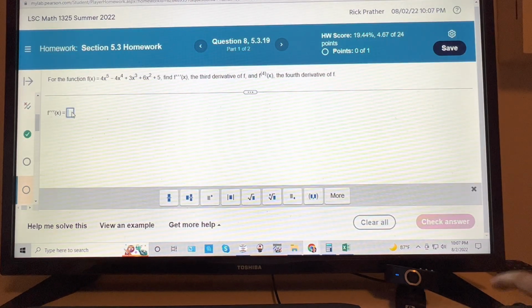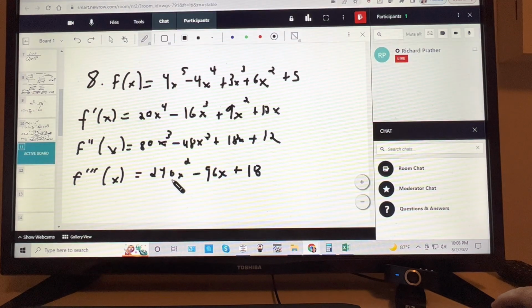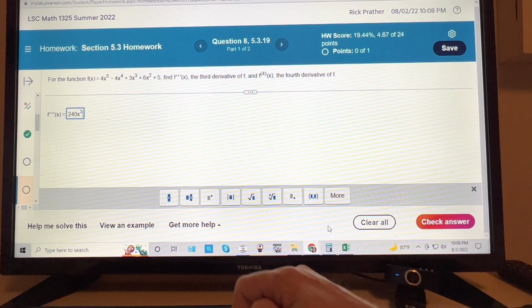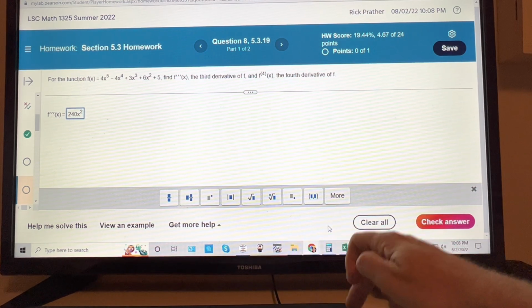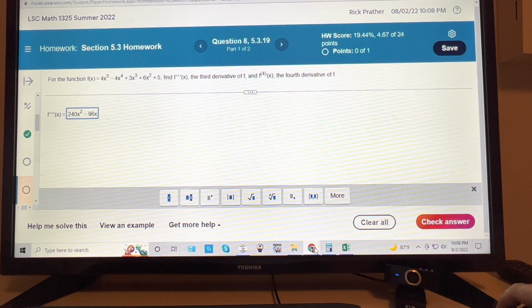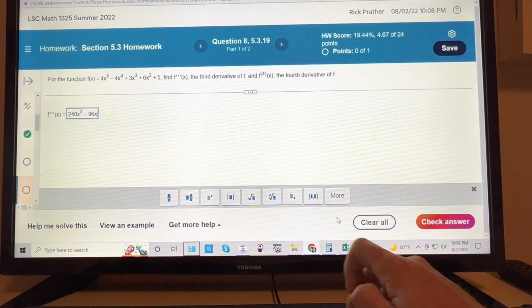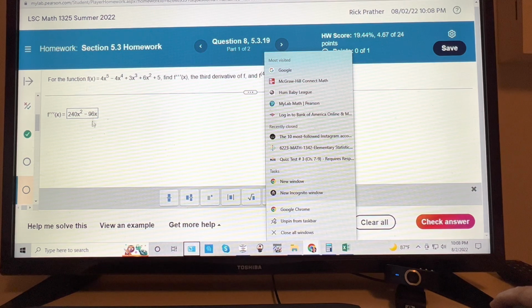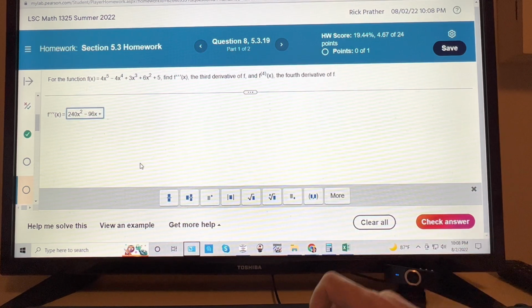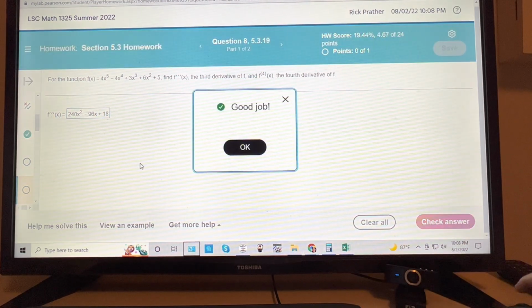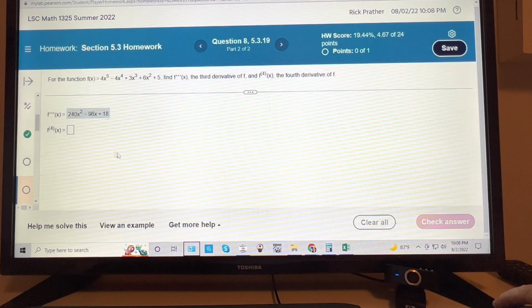So the third derivative is 240x to the 2nd, sorry, and then minus 96x plus 18. Third derivative.